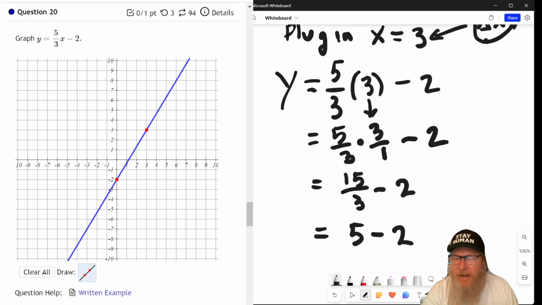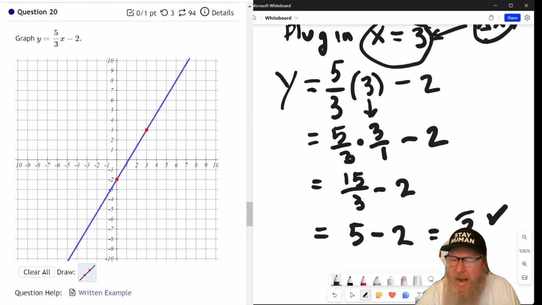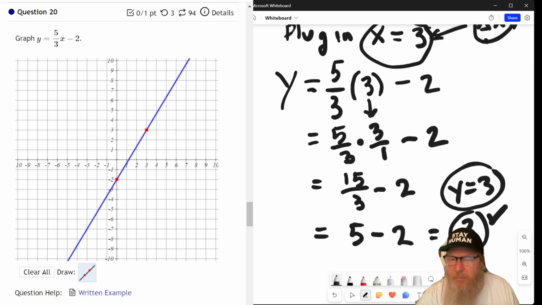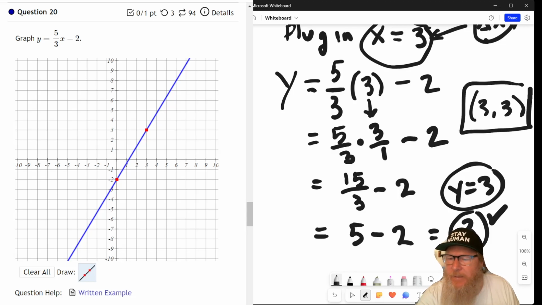And then don't forget minus 2. And there you go. I'm not going to waste another line. That's going to be 3, 3. So x was 3. Y was 3. So the point is 3, 3. Check.